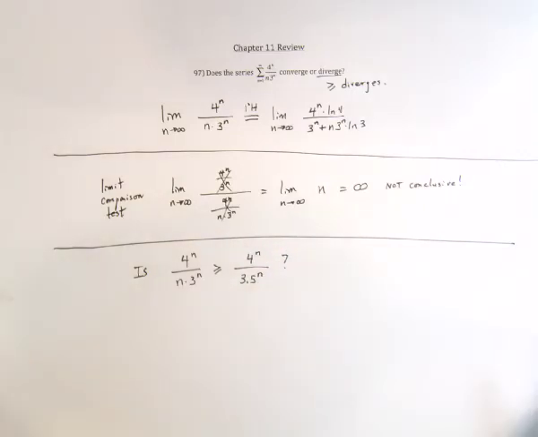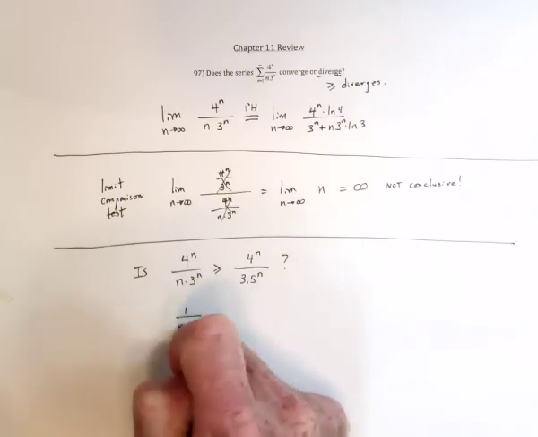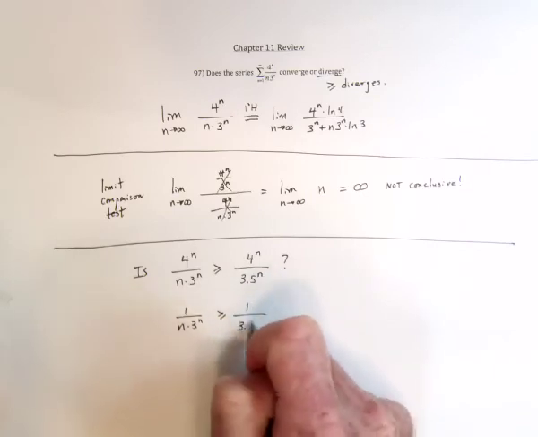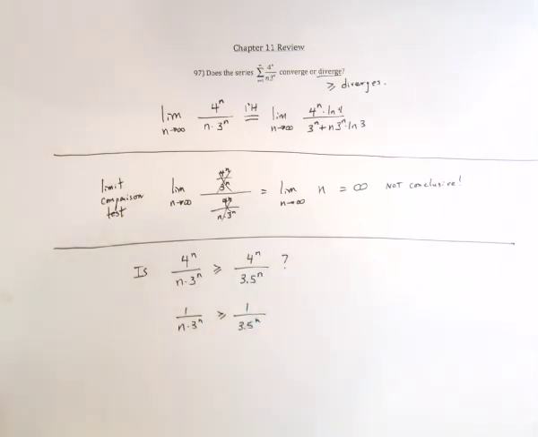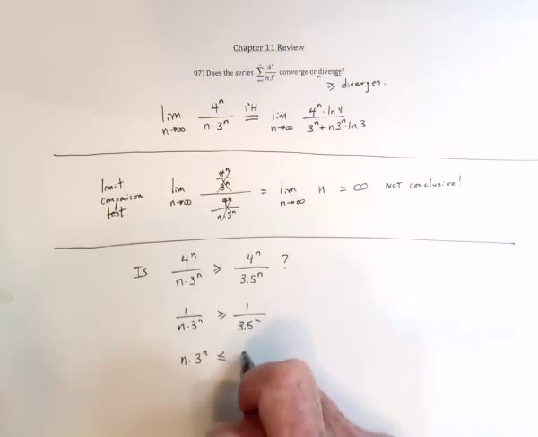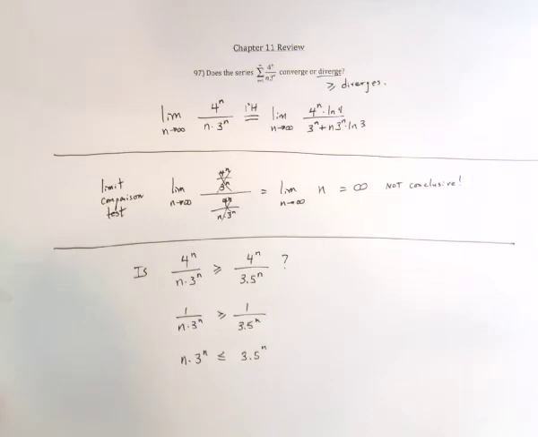Of course, I could divide both sides by 4 to the n. I could invert, go ahead and invert, so this is n times 3 to the n, you'd need to invert this as well, 3.5 to the n. And then, let's see, is n going to be smaller than 3.5 to the n divided by 3 to the n?